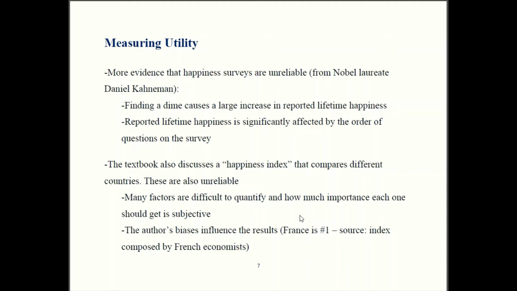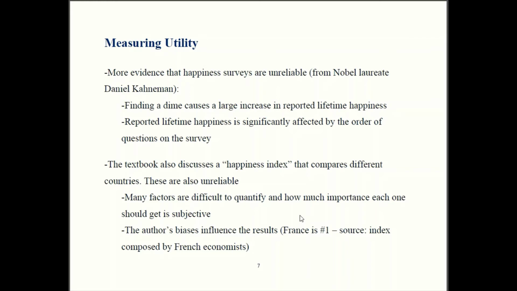And also the author who is putting together this index has their own biases that come with them, and that's going to influence the results. So, big surprise, if you ask French economists which country is number 1 in the world, they're going to say France.